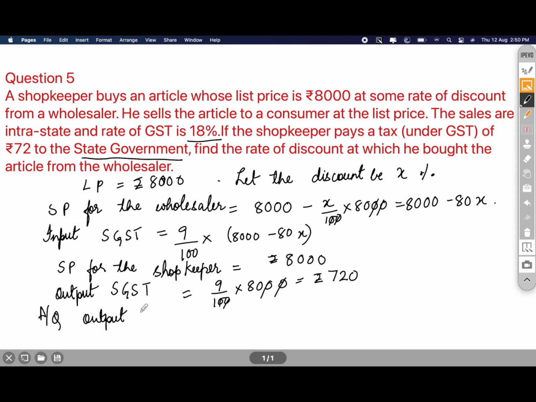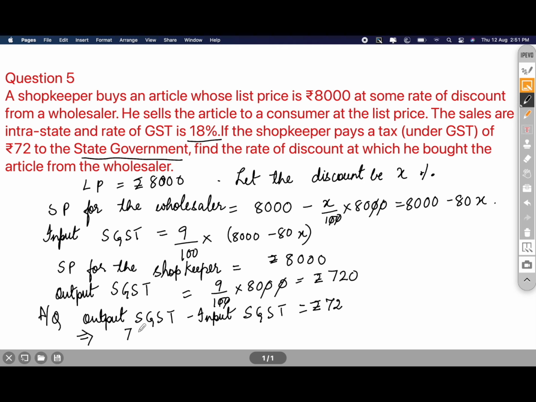That means output SGST minus input SGST is rupees 72. Let us substitute the values for output SGST and input SGST.